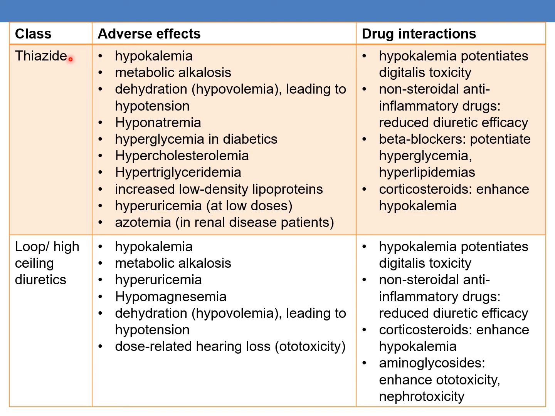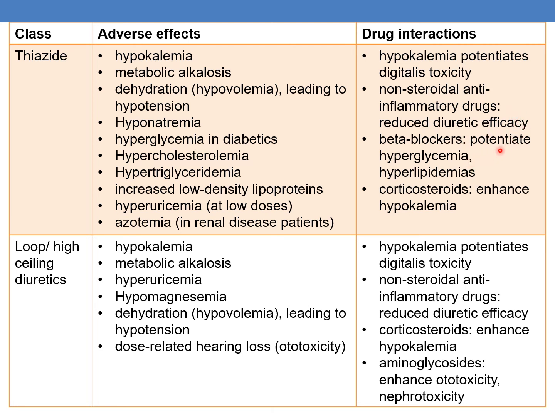The adverse effects of thiazide diuretics are hypokalemia, metabolic acidosis, dehydration leading to hypotension, hyponatremia, hyperglycemia in diabetes, hypercholesterolemia, hypertriglyceridemia, increased low density lipoproteins, and hyperuricemia at low doses, and azotemia in renal patients. The drug interactions are: hypokalemia potentiates the digitalis toxicity, and non-steroidal anti-inflammatory drugs reduce the diuretic efficacy.